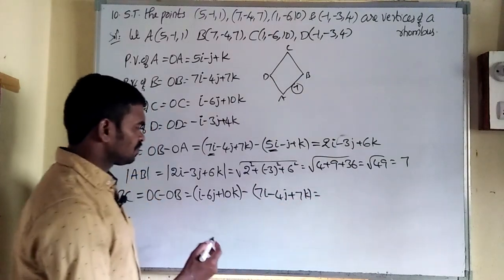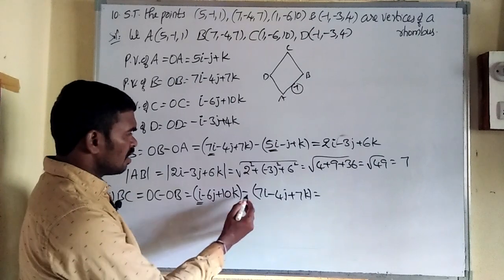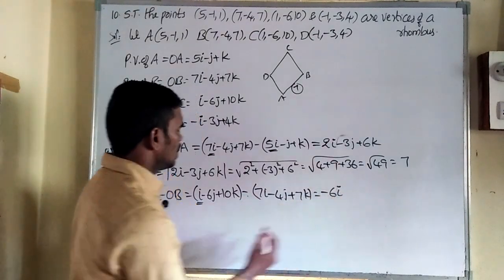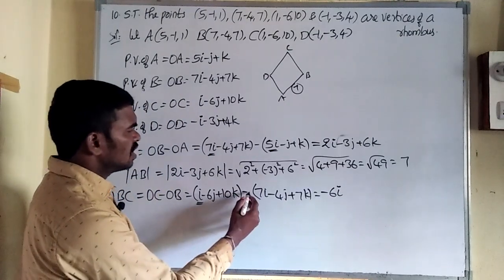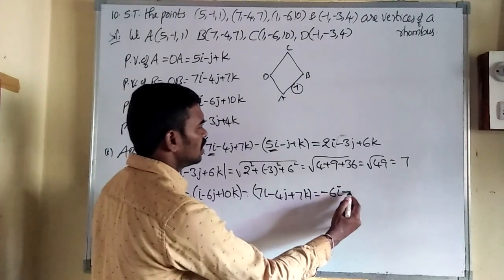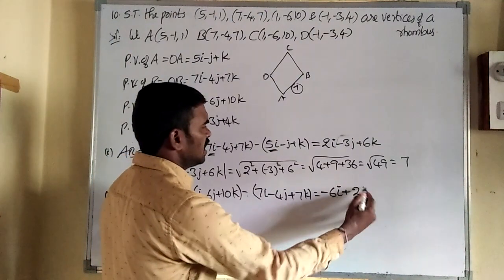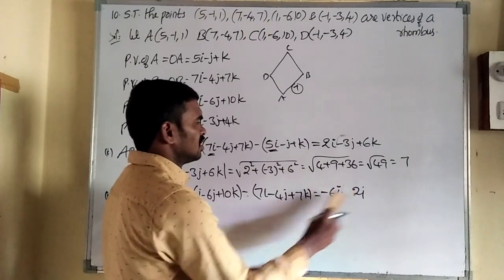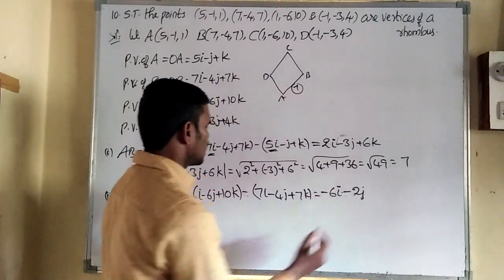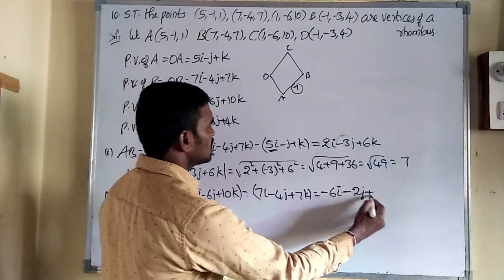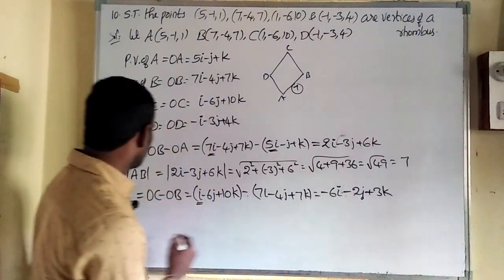So 1i minus 7i becomes minus 6i. Next, minus 6j minus into minus, plus 4j, becomes minus 2j. Next, the k terms: 10k minus 7k becomes plus 3k. So we got BC.